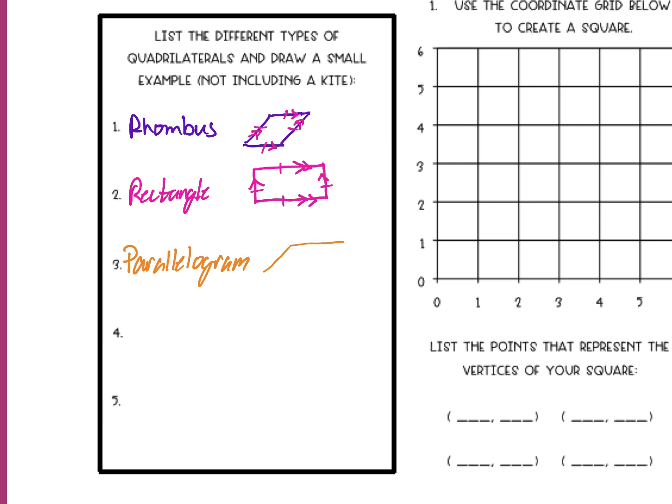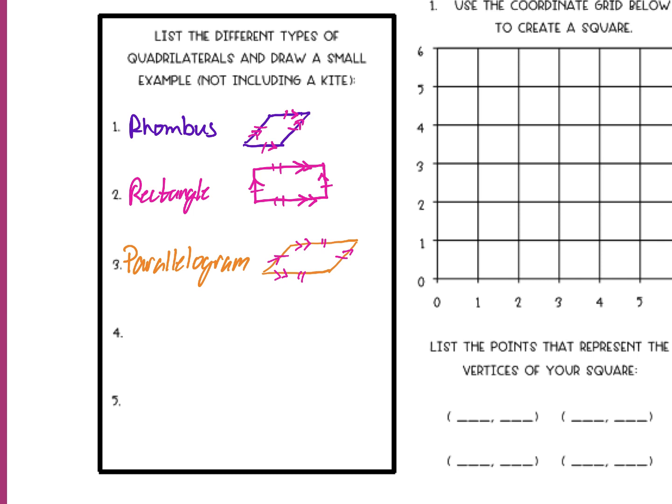Okay, that was pretty close. So these sides are equal and parallel. These sides are congruent and parallel. Okay.